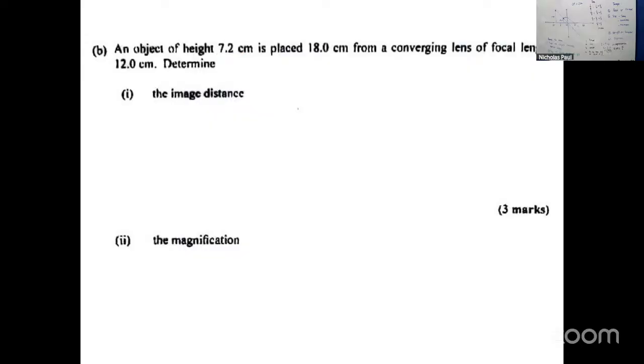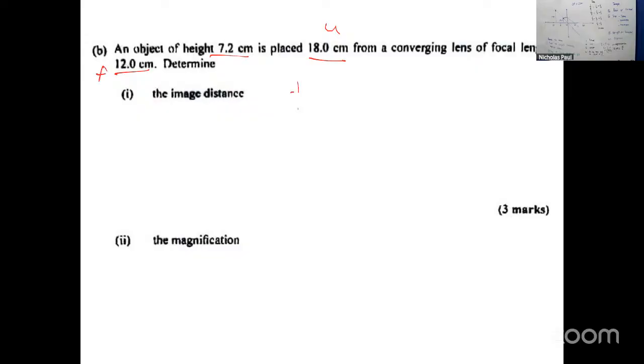Object height, they gave us that. 18 centimeters is what letter? u. And the 12 centimeters, what letter? f.